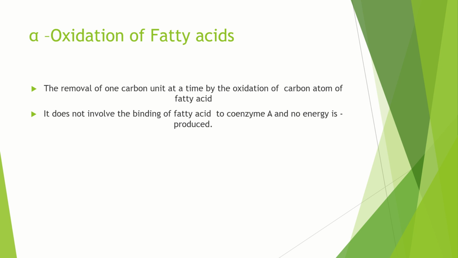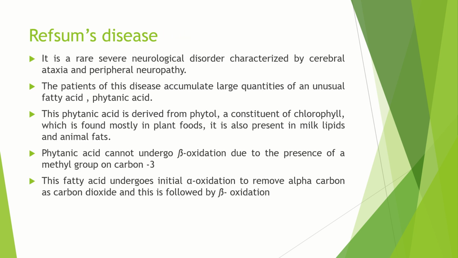Here what happens is the removal of one carbon unit at a time by the oxidation of the alpha carbon atom of the fatty acid, and it does not involve the binding of fatty acid to coenzyme A, and no energy is produced in alpha oxidation.